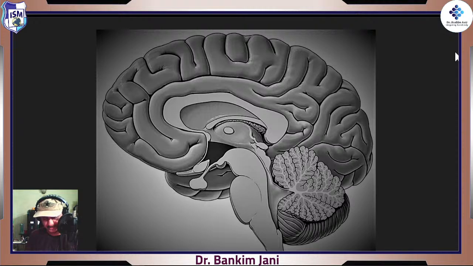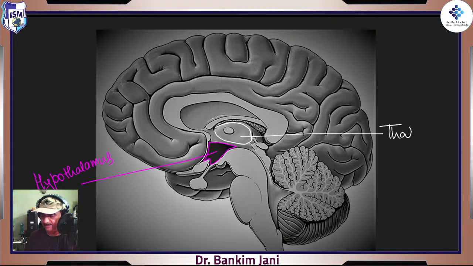This dark part, this one, is hypothalamus. Now it is said hypo, right? Hypo means it is under the thalamus. So thalamus has to be just above it. Exactly the same thing. This portion, what you are watching over here, this is thalamus.